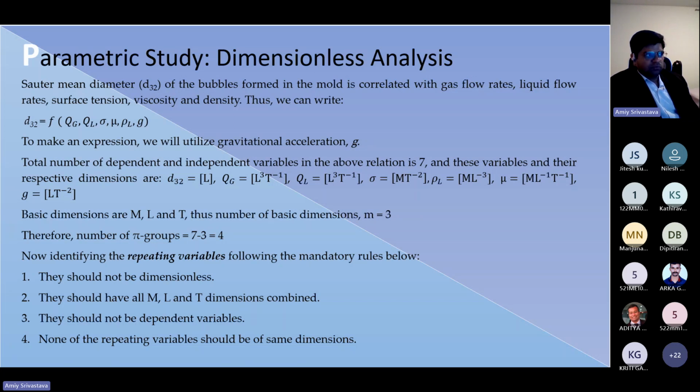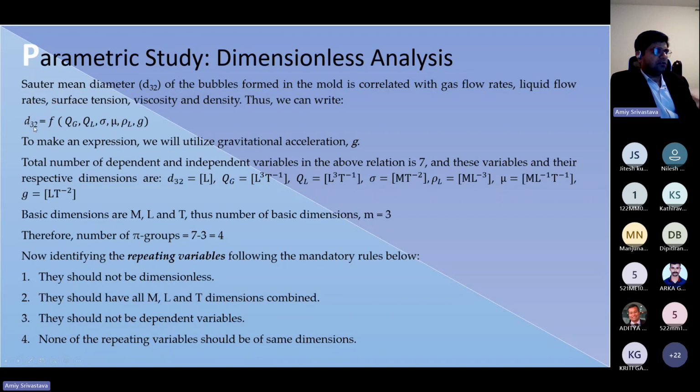We have to do something which can capture non-linear correlation between the input, independent variables and the dependent variable. So I thought I should make a dimensional analysis, and one good thing about it was that I could find an equation, and my equation can also be compared with those of scientists who have already developed equations before. So I tried, and now I'm going to tell you how I developed this equation.